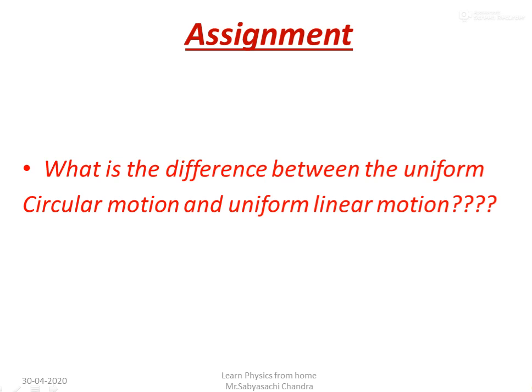We know about uniform linear motion, and we have learned about uniform circular motion. So what is the difference between uniform circular motion and uniform linear motion? It's your task to think about it and write the answer. Okay.